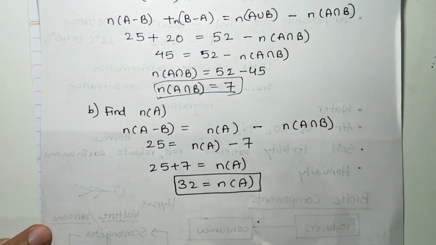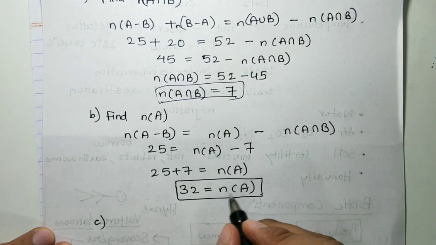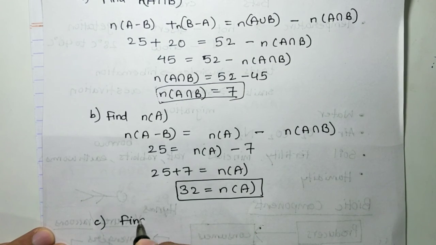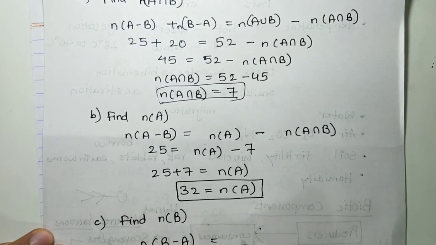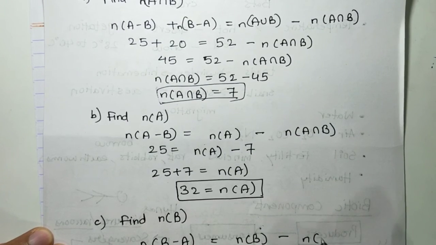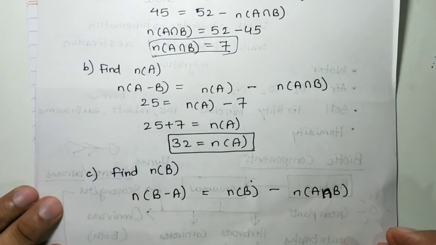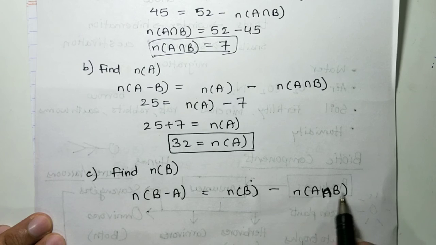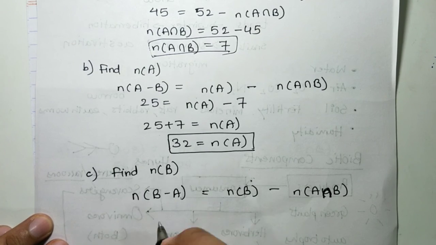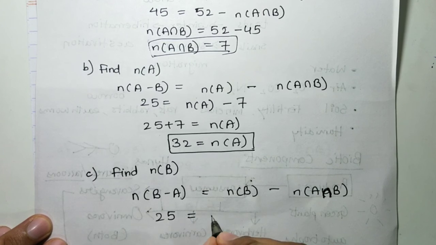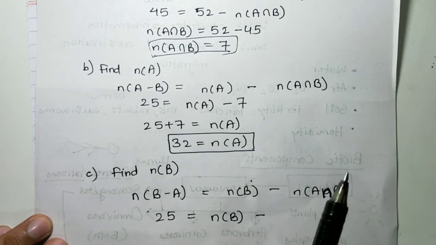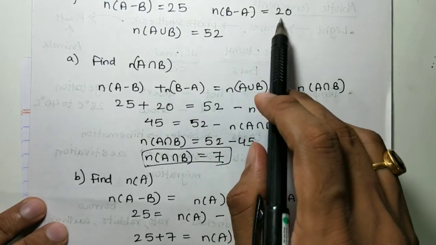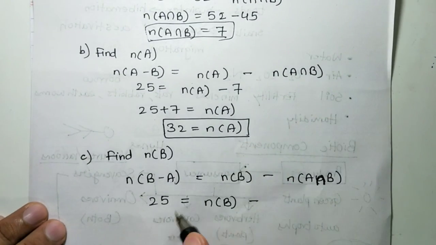In the same way, we have to find the cardinal number of B also. How can you find B? Use the B minus A formula. That is B minus, I'm sorry, this should be intersection. B minus A is B minus what is common between A and B. So this B minus A in the question is 20, so just make this 20.